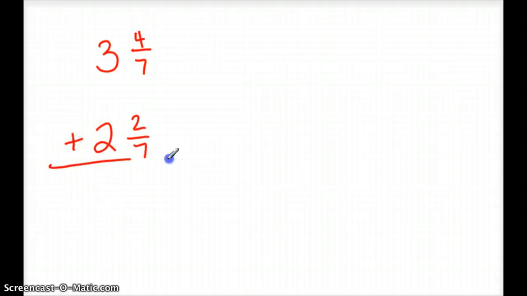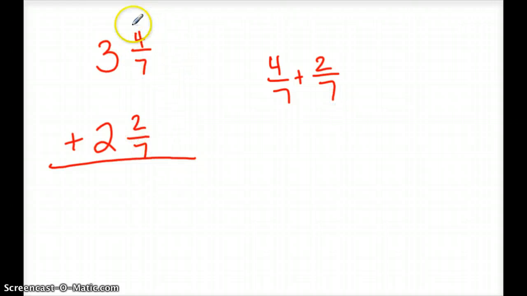Alright, next we're going to look at adding mixed numbers. So if I have the number 3 4/7 plus 2 2/7, if I'm adding these two numbers, I'm going to add my fraction numbers first. So if I have 4/7 plus 2/7, it's just written differently, so it's written up and down.